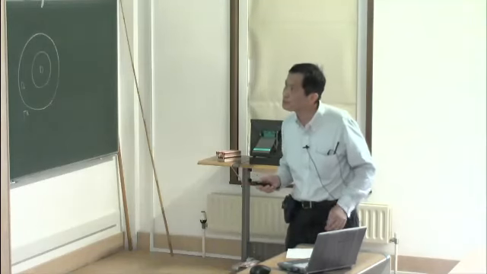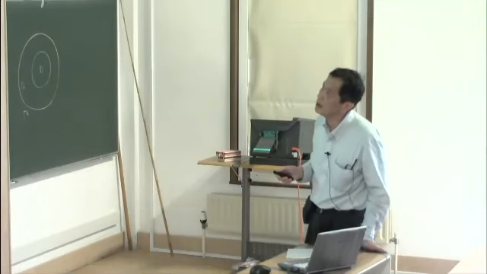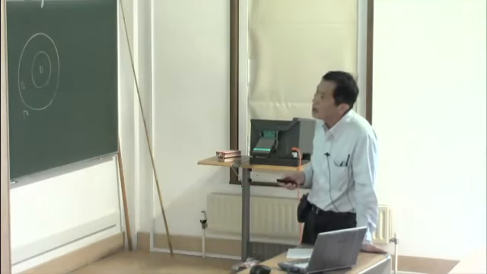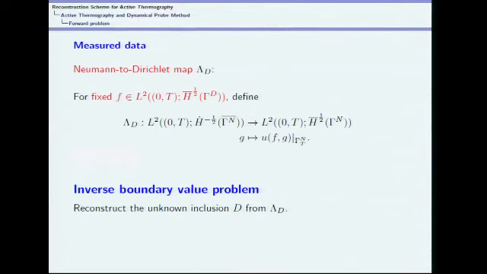So taking this Lambda_D as our measured data, our inverse boundary value problem is as follows. Reconstruct the unknown inclusion D from Lambda_D.